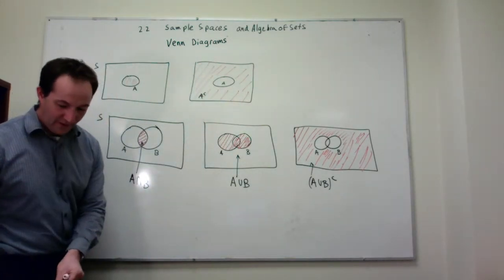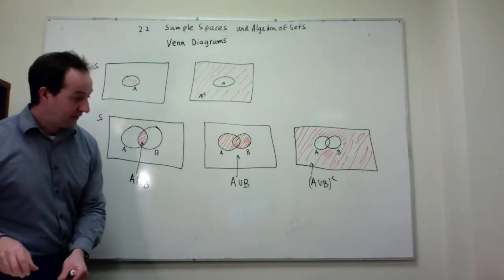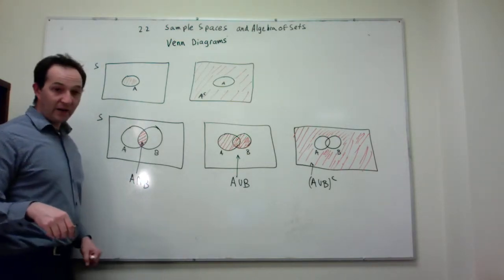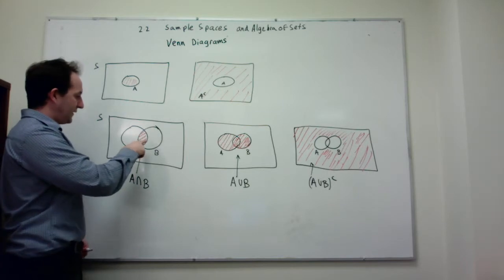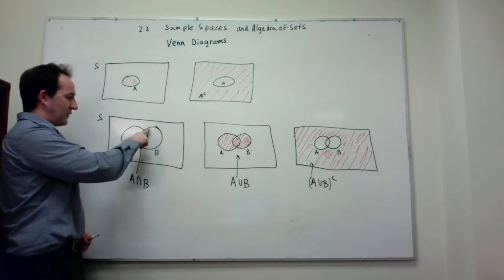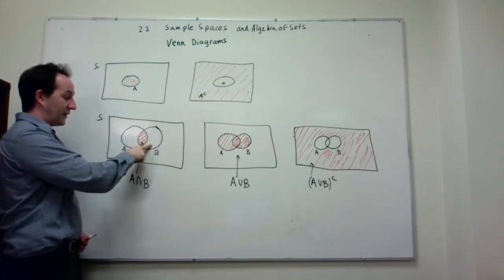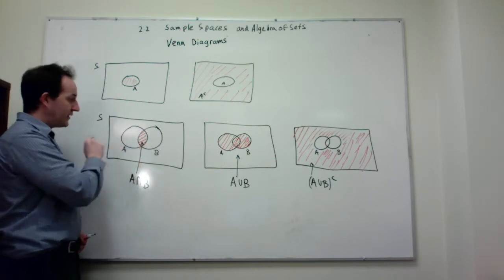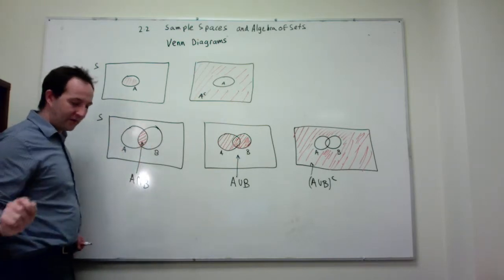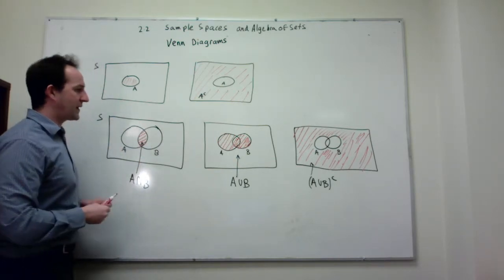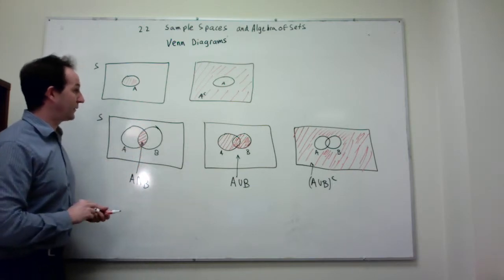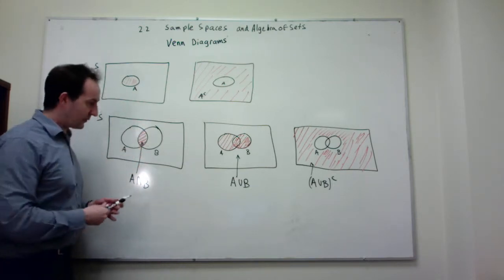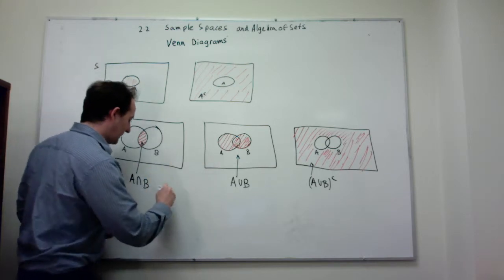Okay, now another important thing to be able to specify are parts of this diagram that belong to one set but not to the other set. So to build up how we can do this, let's note the following. I'm going to stick with this basic diagram here.